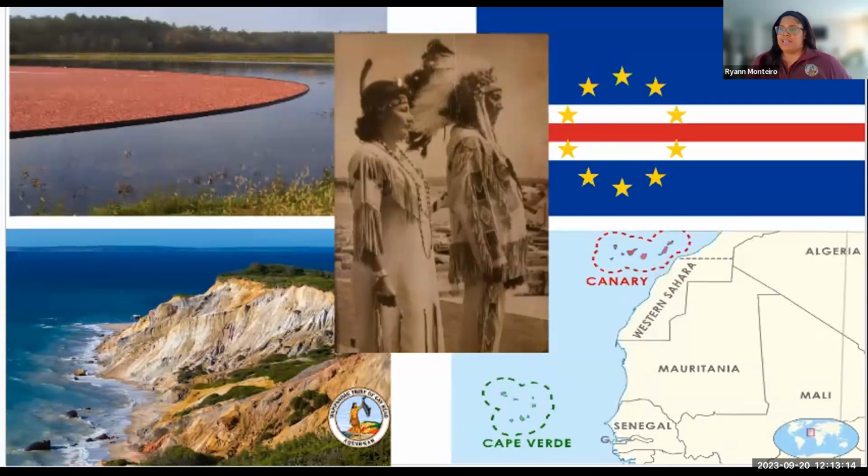So how I would introduce myself traditionally is Natasawis, Ryann, Wampanoag, Natomas, Aquinnah, Wana, Cape Verde, Wananatai, Chicago. So I say I am called Ryann, I'm Wampanoag, but my blood and my DNA is specifically from Aquinnah, and I currently live in Chicago.